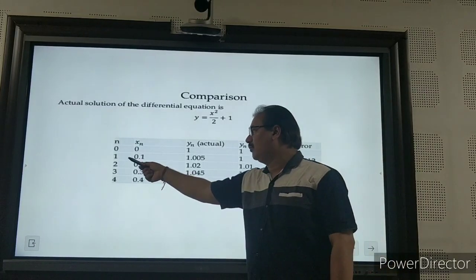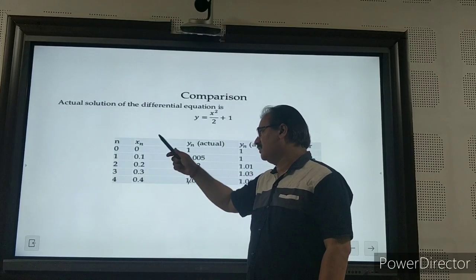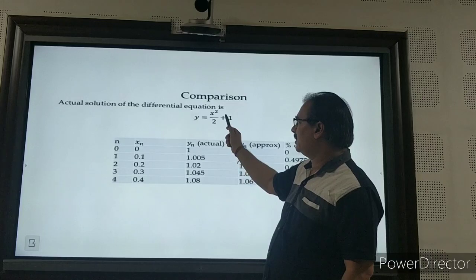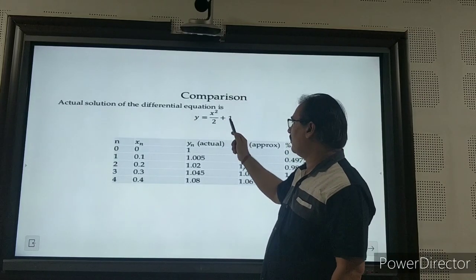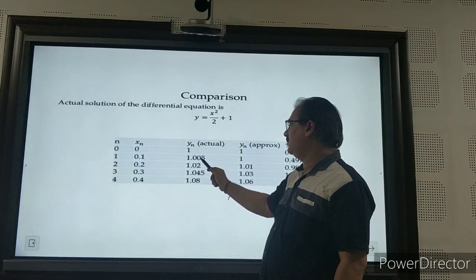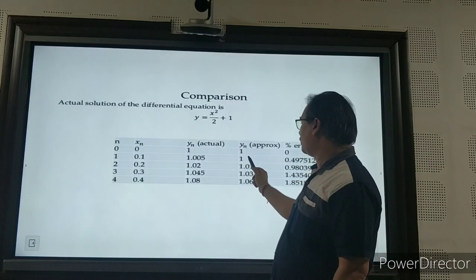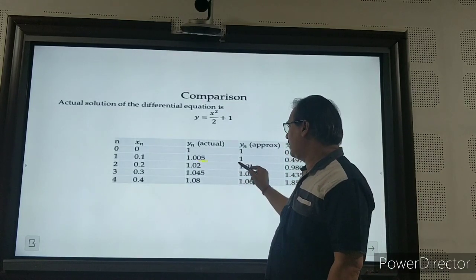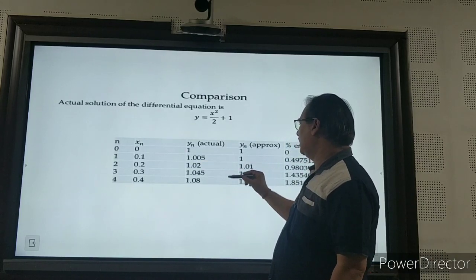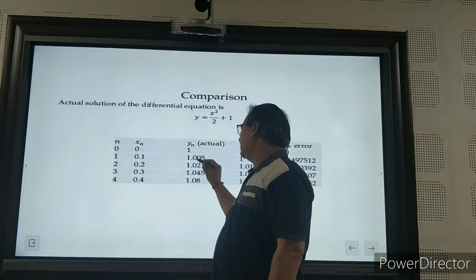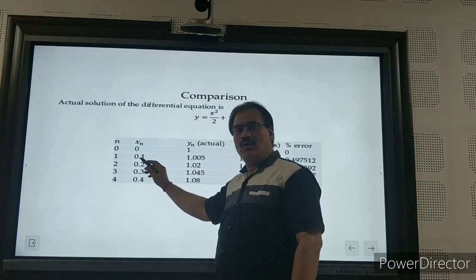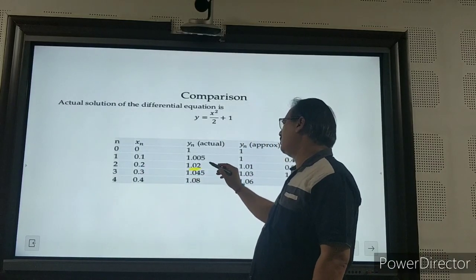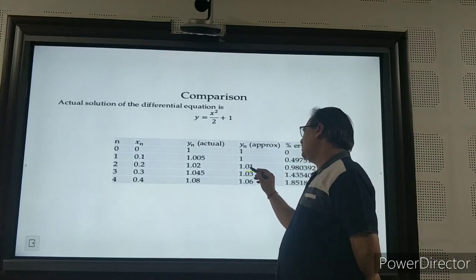But if n is equal to 1, that is 0.1, and after putting this value here, you will get yn. So yn is 1.005, but the approximate is only 1. You look at the difference, 0.005, and here this is 1 only. Now if 0.2, then you look here, that is 0.2, and here 1.02.